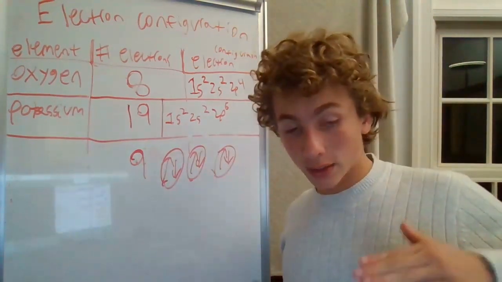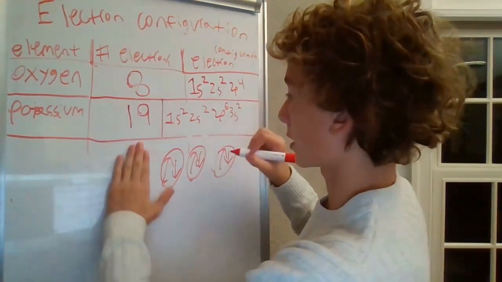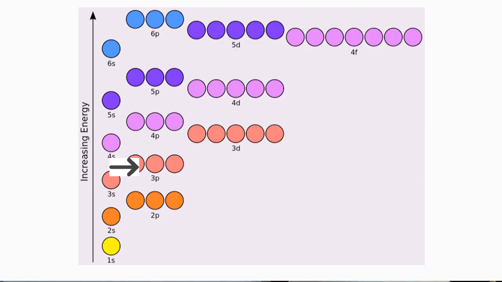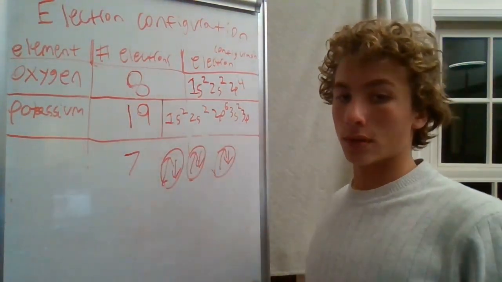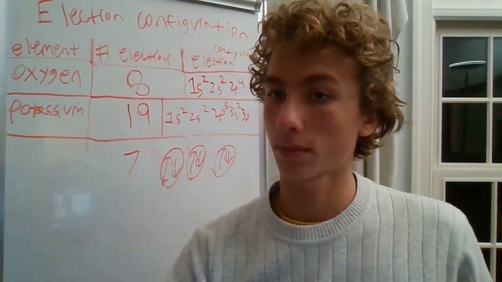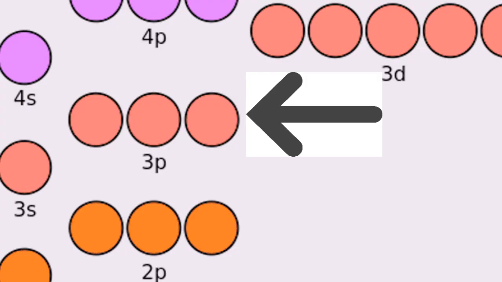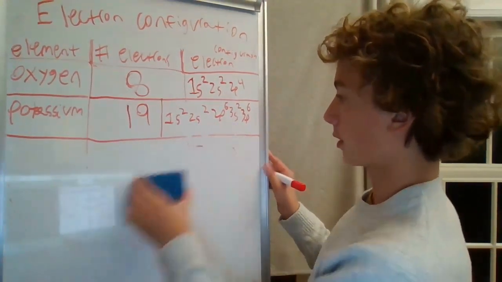Move to the next lowest, which as you can see is 3s. And 3s we can fit 2 into. So that 9 becomes a 7. And then we go to the right, and we see it's 3p. And as we see, 3p can fit 6, just like this one, which brings us down to having only one more left.